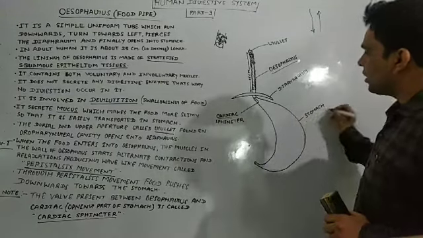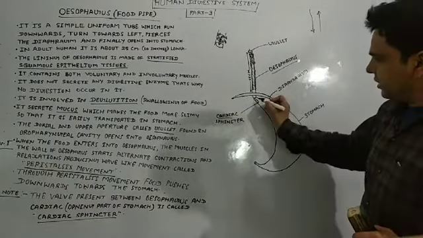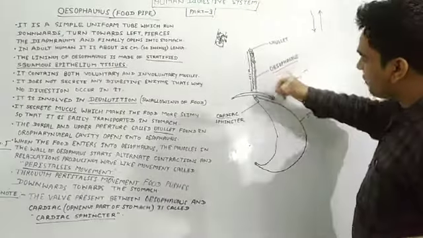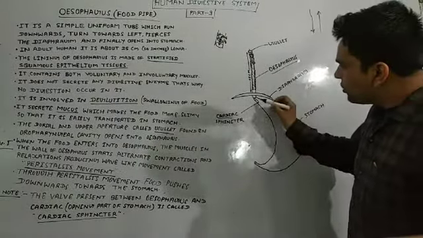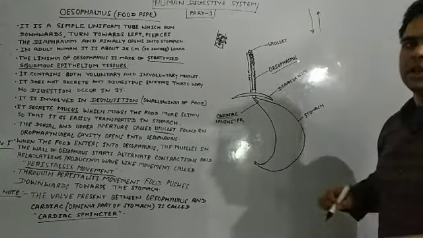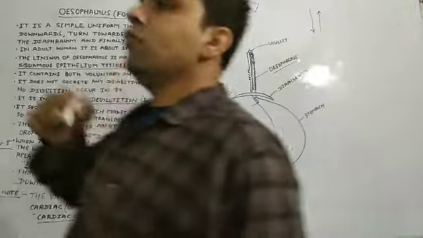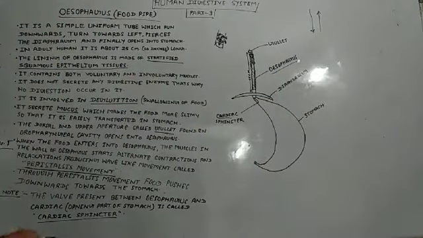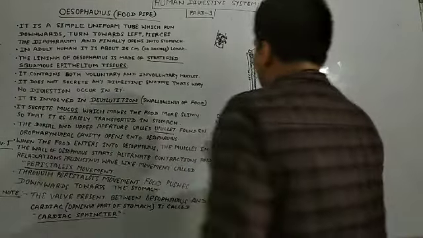This is the junction where the esophagus meets the stomach. This circular muscle is known as the cardiac sphincter.